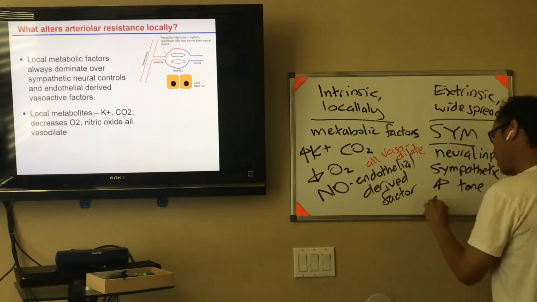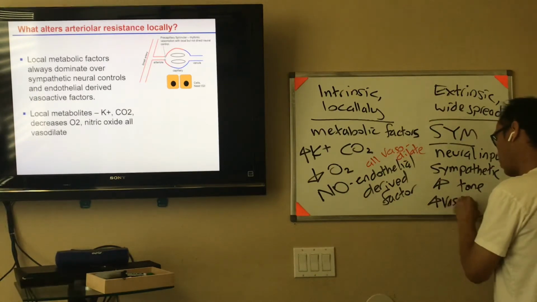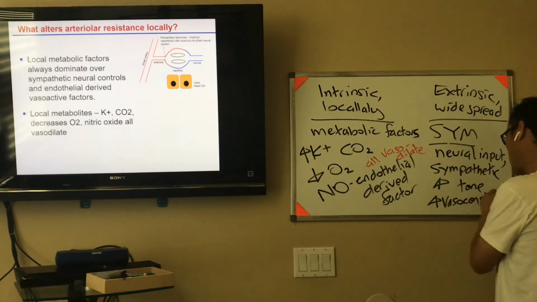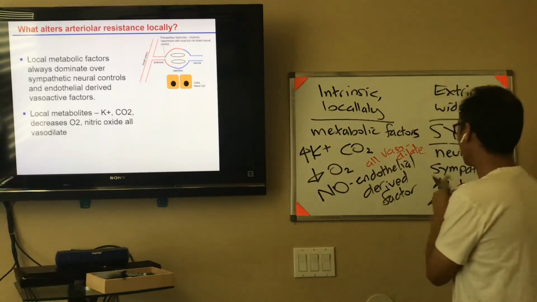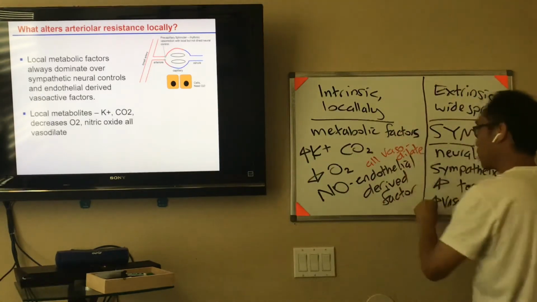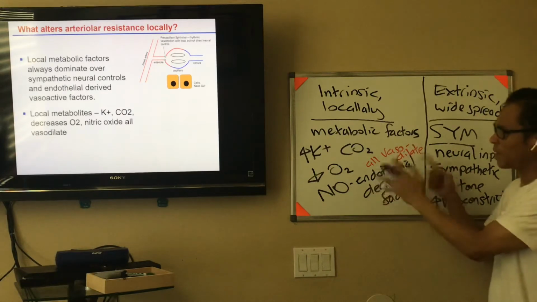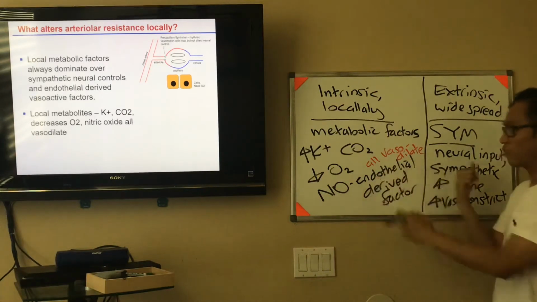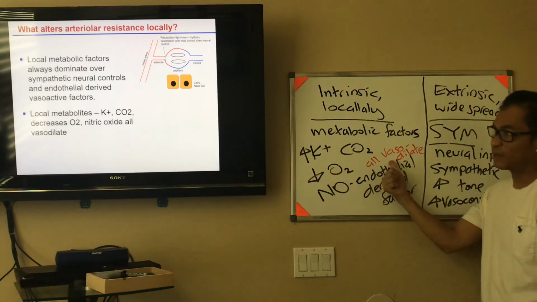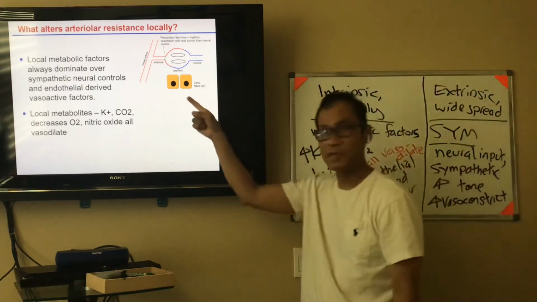Increase tone, increase the vasoconstriction of the arteriole. So that's what the sympathetic nervous system does. Put a line here. What I'm trying to tell you is these local metabolic factors will always dominate over this, because you have to ensure that you can vasodilate to make sure these cells get the oxygen they need.